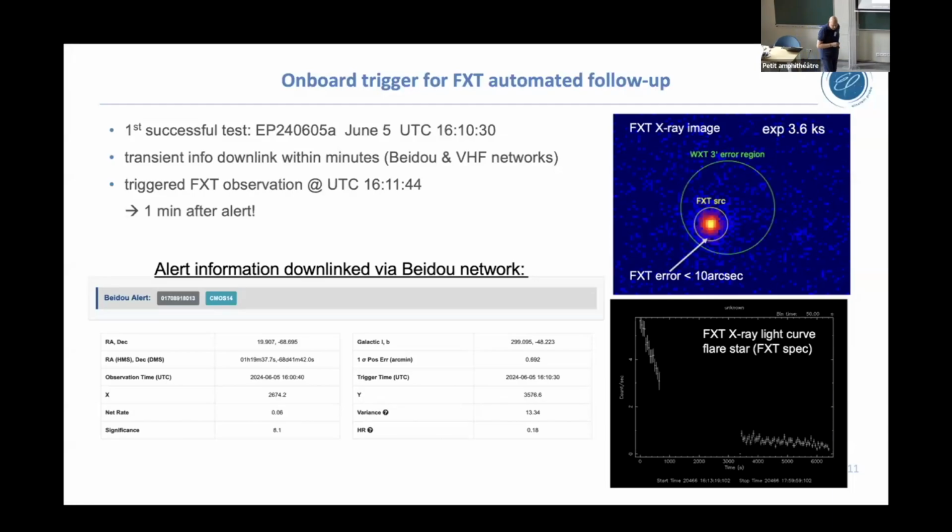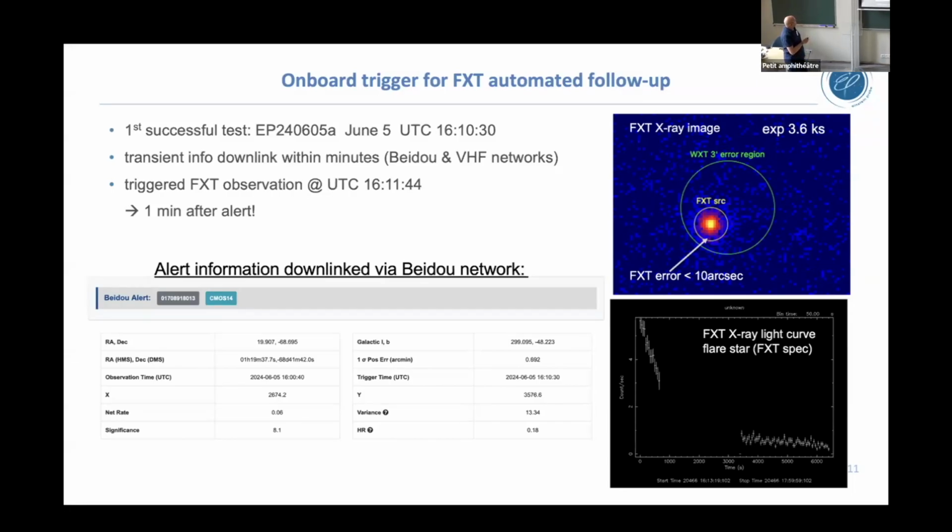As I said, there is also an automatic follow-up of transients that was started just before summer. The first successful test was on the 5th of June, my birthday. I don't know why they chose that day. They use either the Chinese satellite link with Beidou, but they also use the CNES VHF networks, which is also used by SVOM.